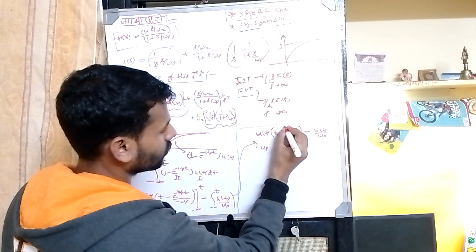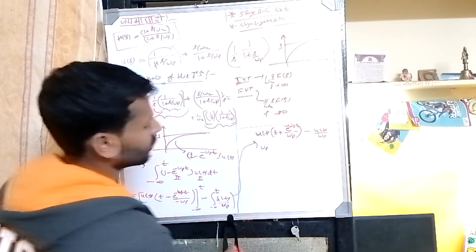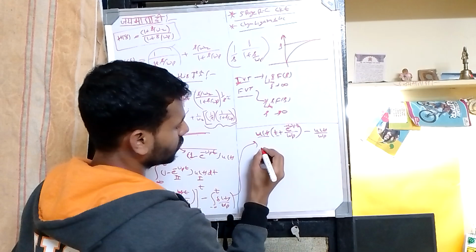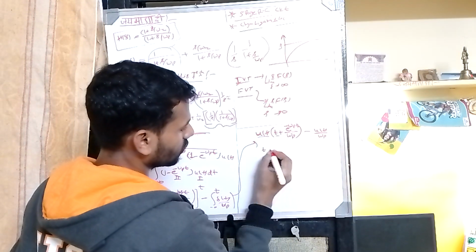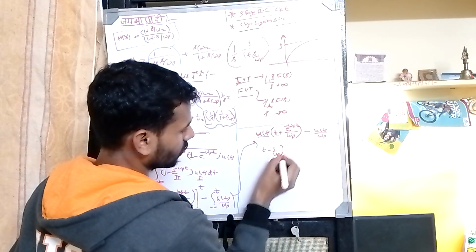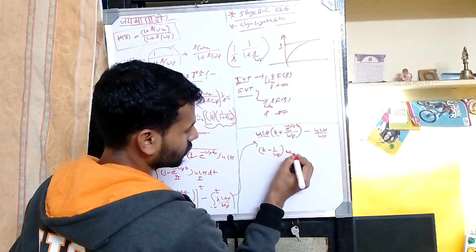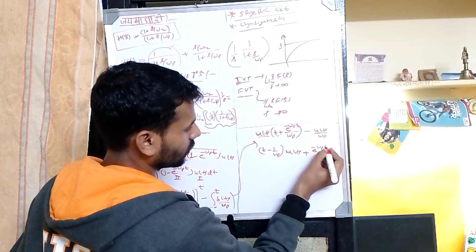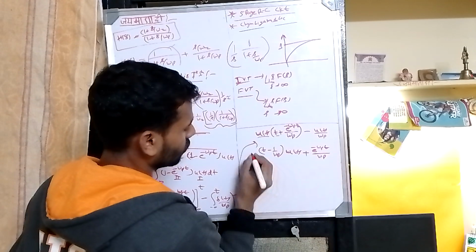Right now it is t u of t, so t and 1 by omega p from here, and this is u of t plus e to the power minus omega p t upon omega p.